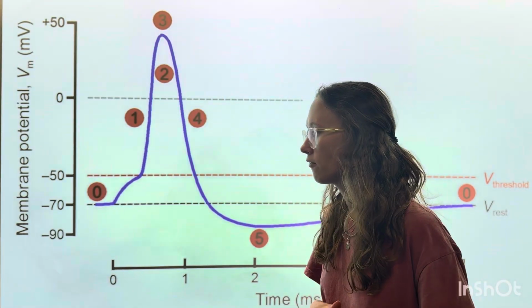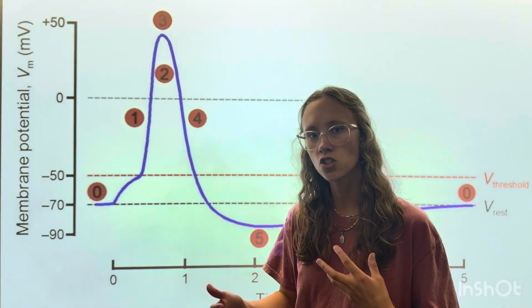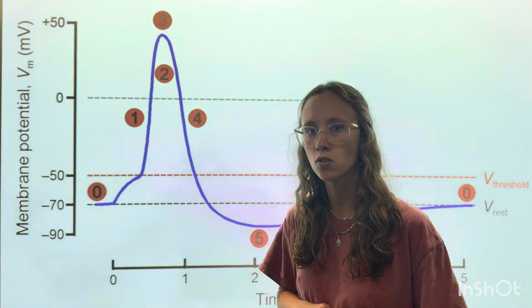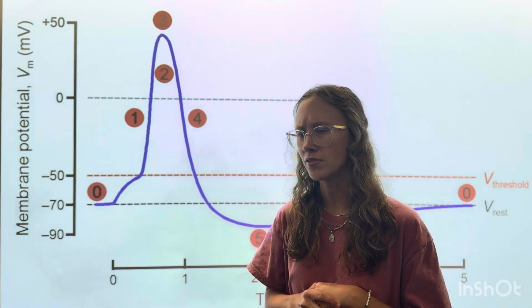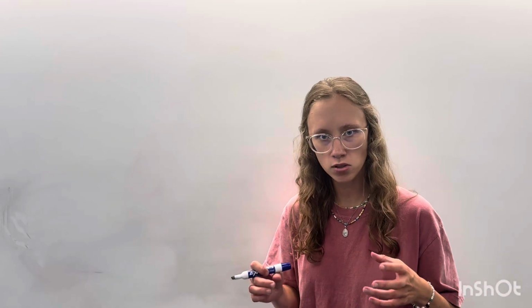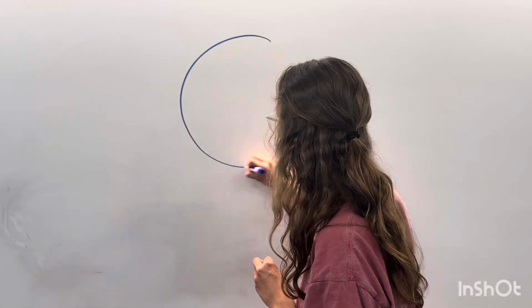This is really important for the life of the cell so that we can continuously have this exchange and movement of ions across the membrane. We're going to talk about why we're at negative 70. We need to look at how sodium and potassium move across the cell membrane. There are three different ways that sodium and potassium can move across the membrane. And it's important to know the difference between these because a lot of students get them mixed up or assume that it's all really the same.